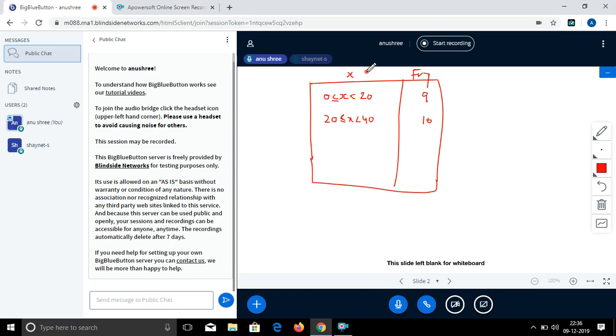Actually, what is this? Okay, it shows the distance thrown in a javelin competition. So there are 9 people who have thrown the javelin between 0 to 20 meters. Then the ones who covered 20 to 40 meters are 10.